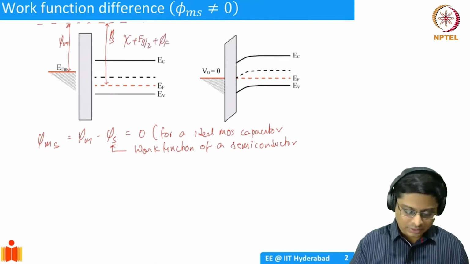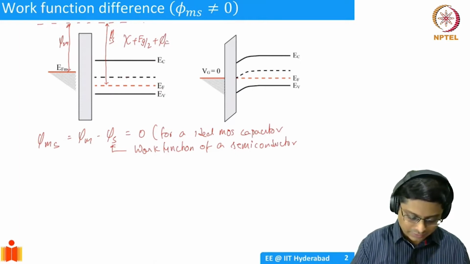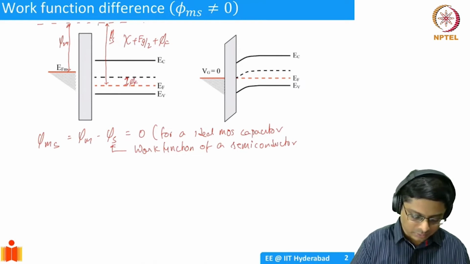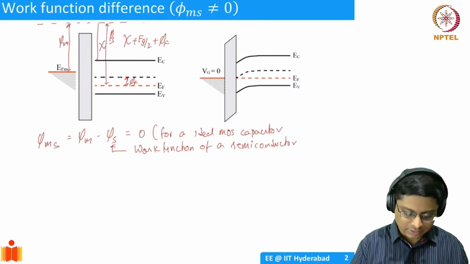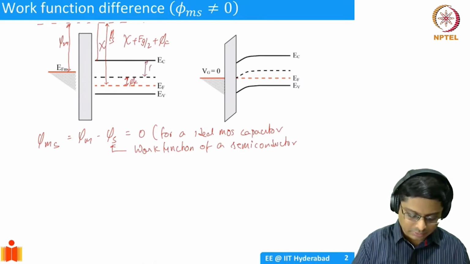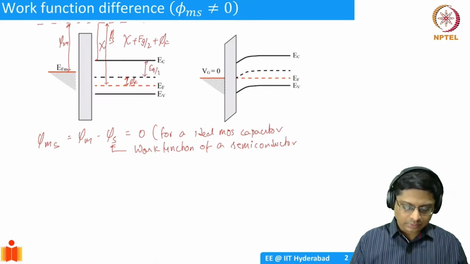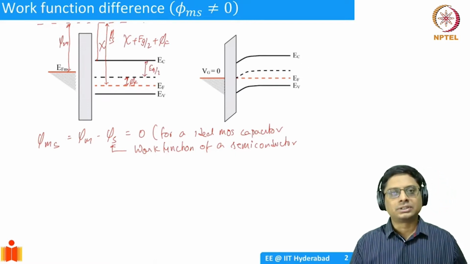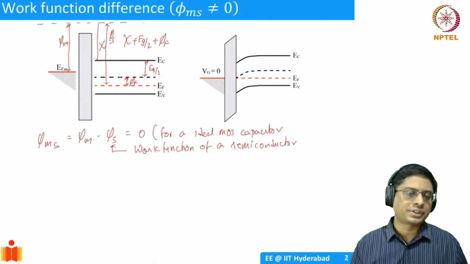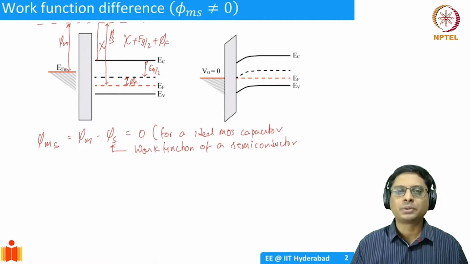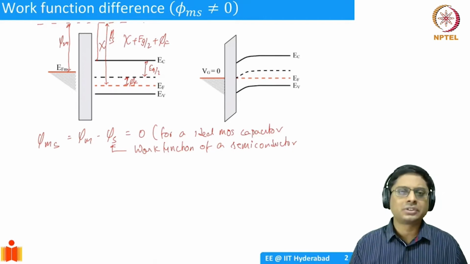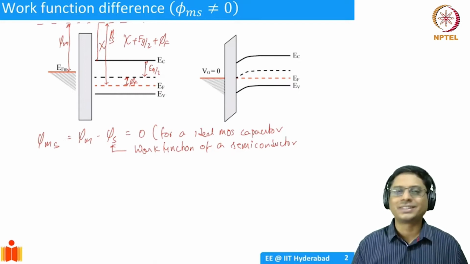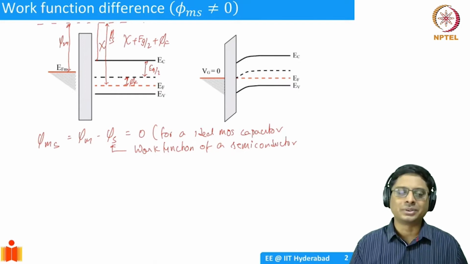This is phi f, the top part from EC to vacuum level is chi, and this is Eg by 2. So the semiconductor's work function is dependent on doping, and we can actually compute the phi ms. It turns out that in most cases it is not equal to 0. So the assumption that the work function difference is zero is strictly not true.